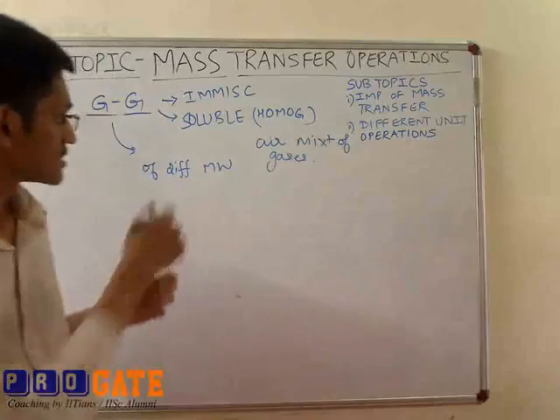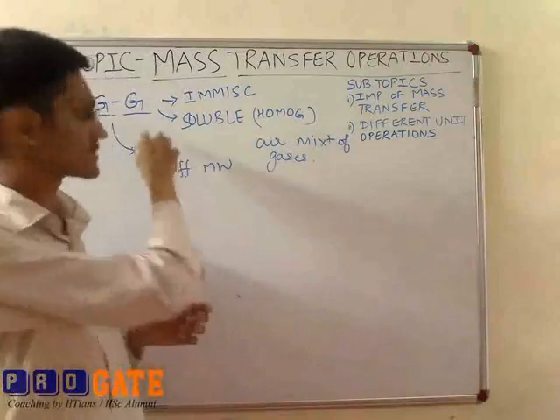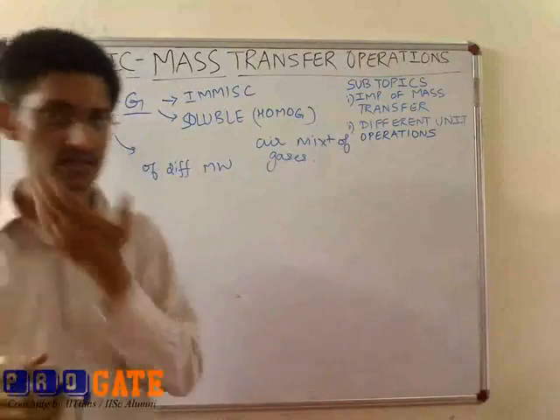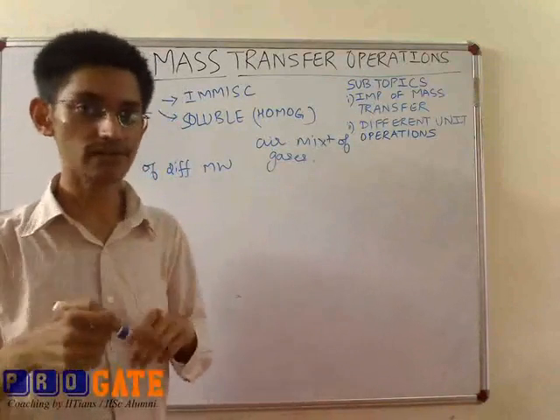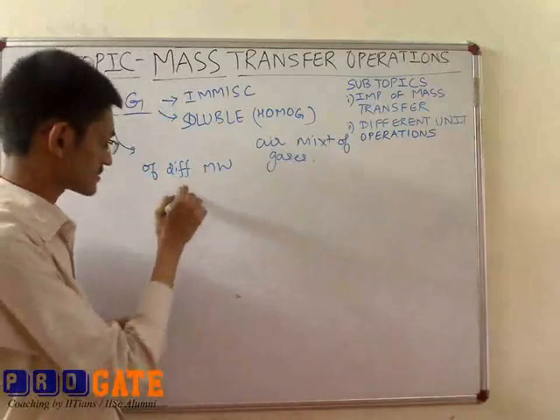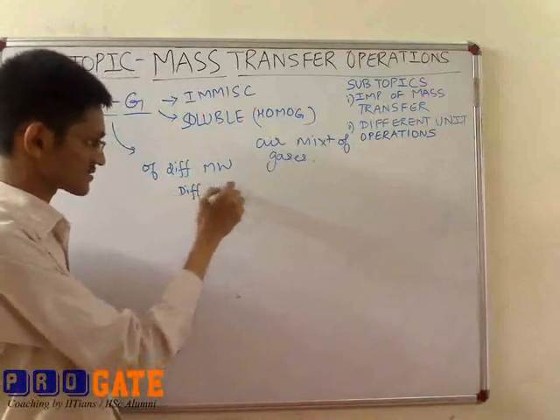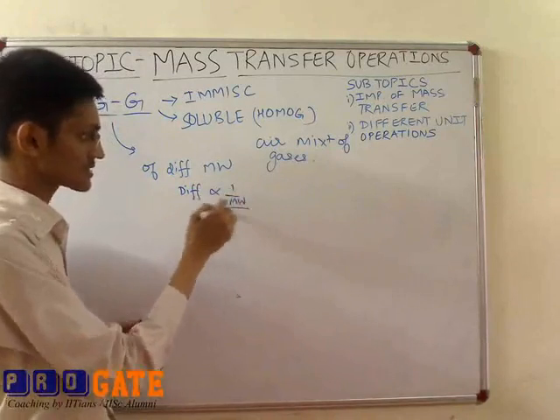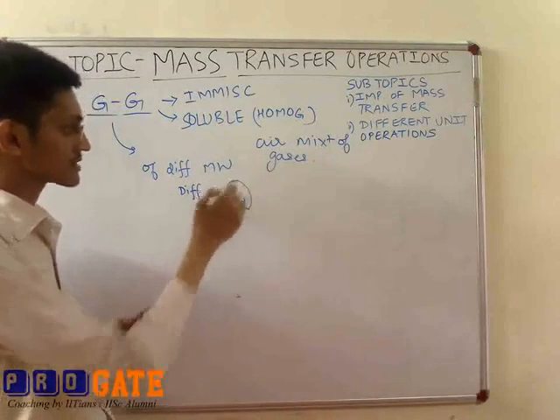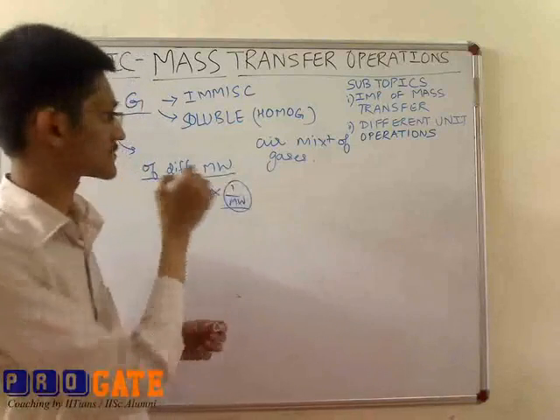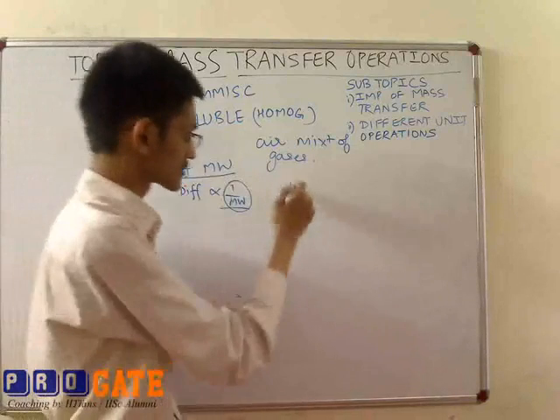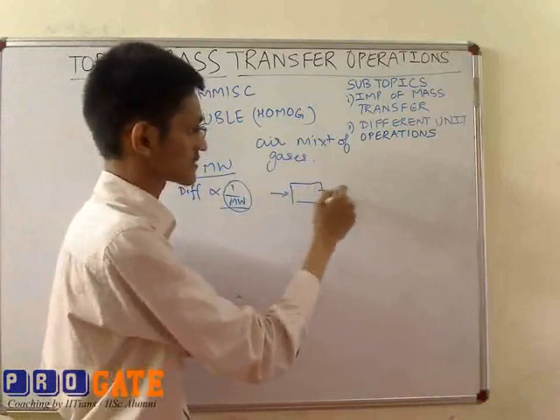Depending on the molecular weight of each of the solutes in the gas phase, the diffusion rate would differ. So diffusion rate is inversely proportional to the molecular weight. So depending on the molecular weight, the diffusion rate of each of the gas solutes from the mixture to the membrane side would differ.